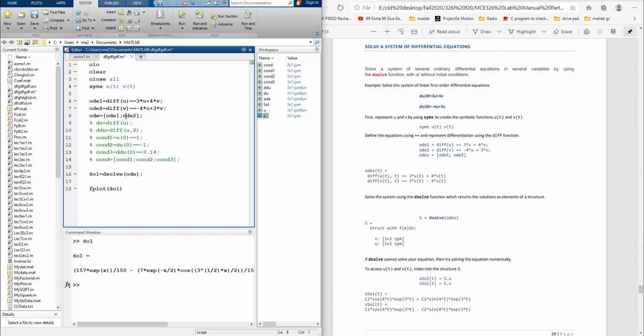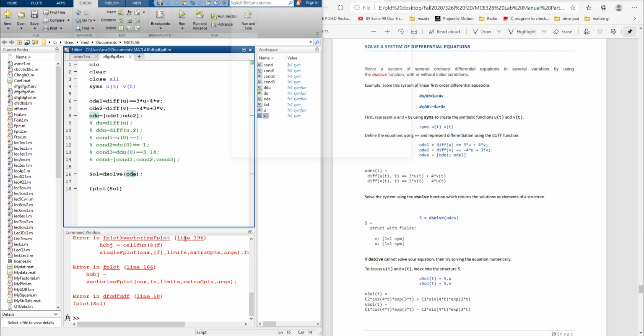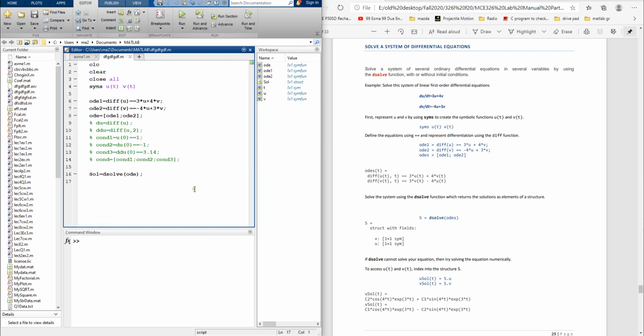ODE equal ODE1, semicolon, ODE2. So solve, dsolve, ODE, run the program. But it's by mistake. I should not plot because here we have two things inside. I will show you. Run the program again.